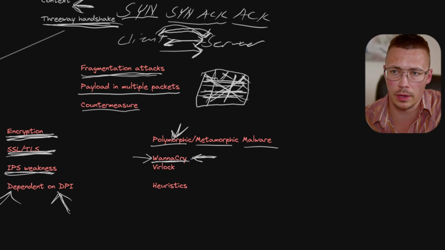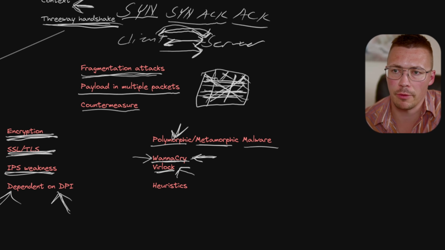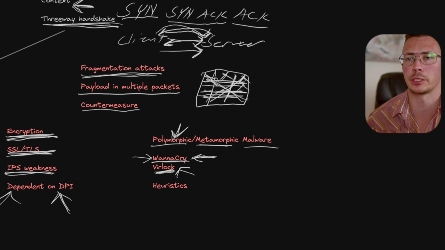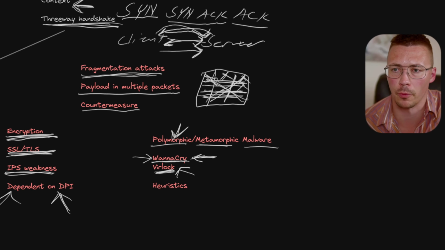Now, an example of metamorphic malware would be something like Verloc or Vireloc. What this thing is able to do is, every time it infects different systems, it's able to change and rewrite its code. So basically, it's almost like it becomes a new strain of malware every time that it evolves.